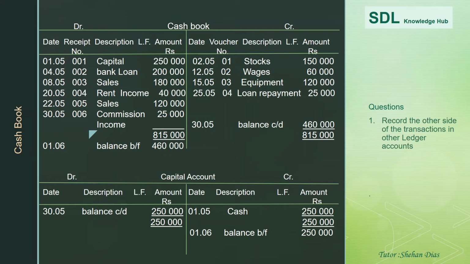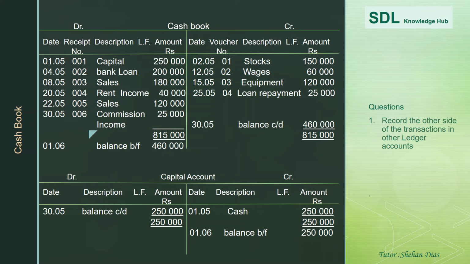So cash going out of the cash book. So credit cash book stating bank loan for 25,000. Voucher number 4, 25th of May. And in the bank loan account, we already have 200,000 as credit. So this will reduce, so debit liability by 25,000.